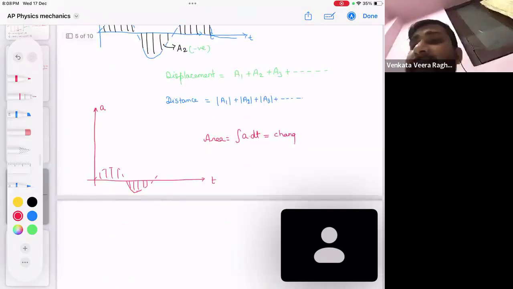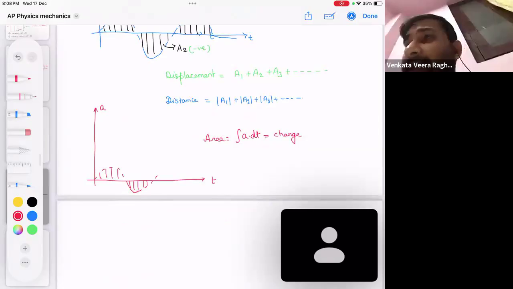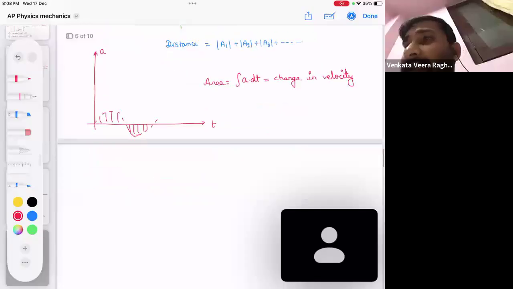So here the area represents the change in velocity of the particle. Is that part clear? Please tell me.